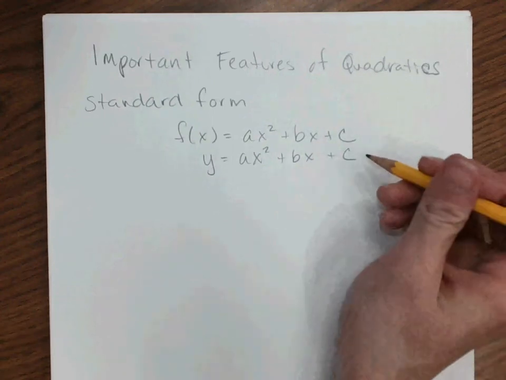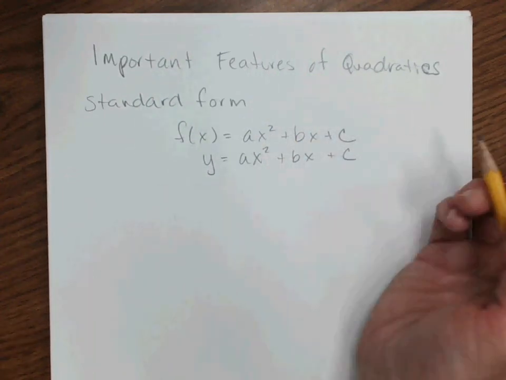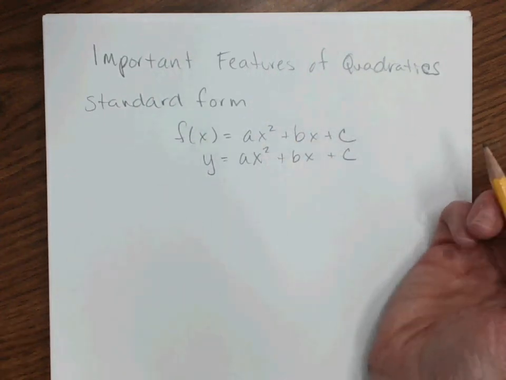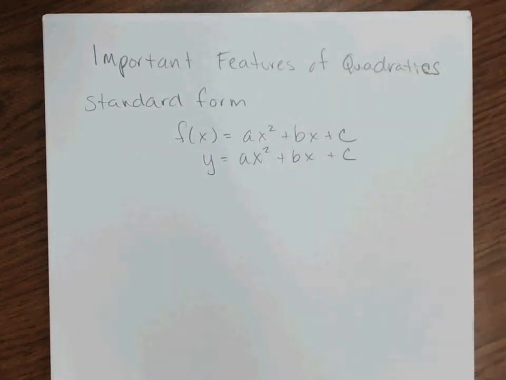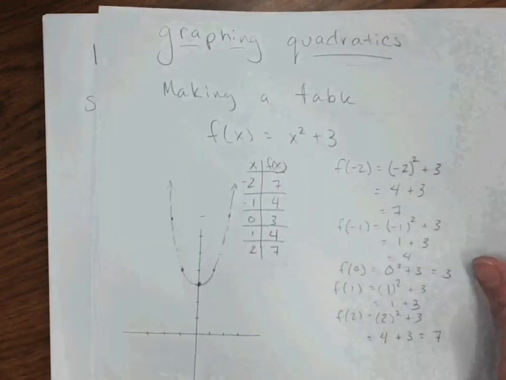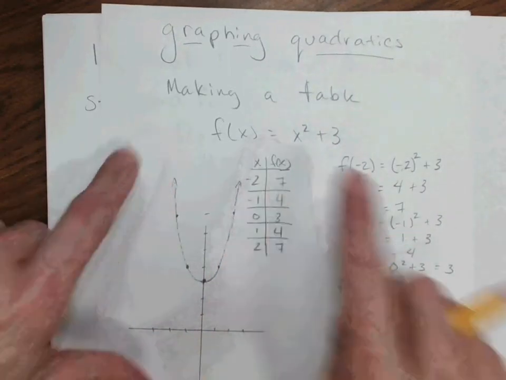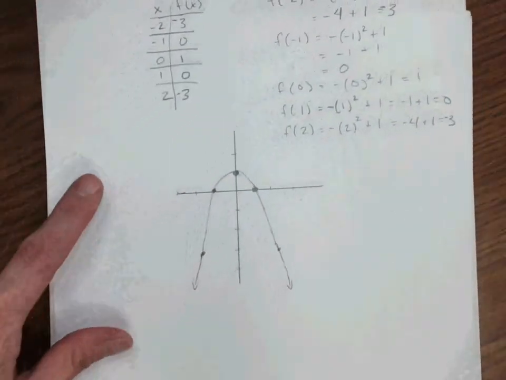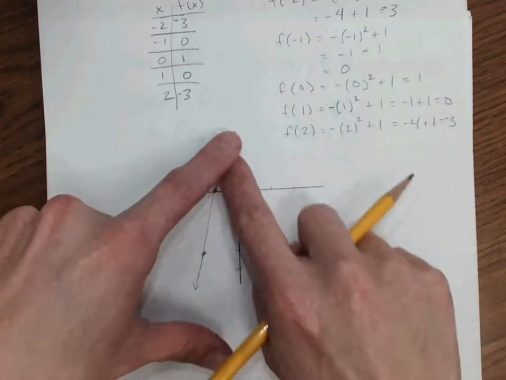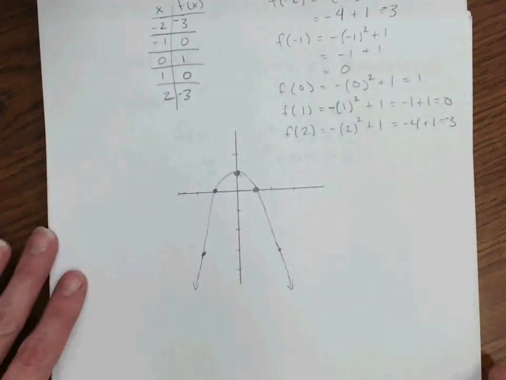The first thing we're going to look at is something that we noticed with our other two that we just graphed. The first one opens up, meaning it's going up like a cup, and this one is opening down. It's going down over time instead of going up.